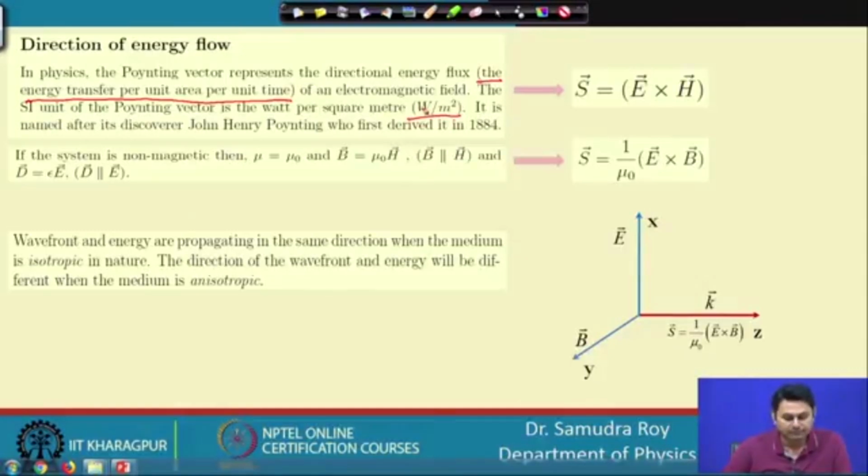Now, for a non-magnetic system, mu is mu 0 and B can be represented as mu 0 H, and B and H are parallel. Also, in an isotropic system, E and D vectors are parallel to each other, and here the Poynting vector is represented as S. This is the definition of the Poynting vector.